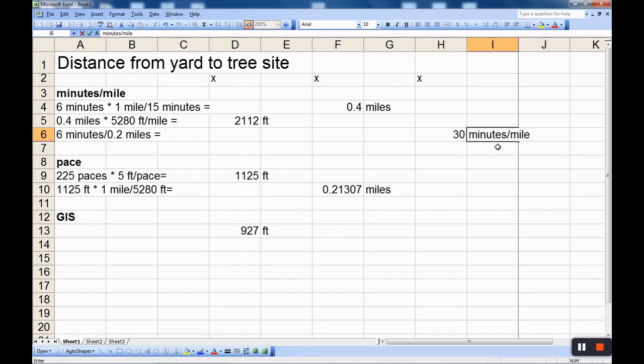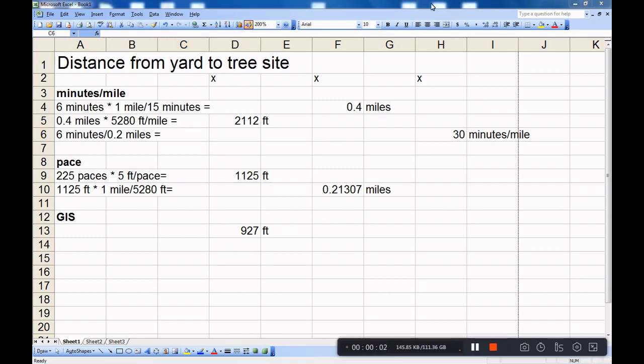For 1 mile, you can walk a mile in 30 minutes. It'll take you 30 minutes to walk a mile, which is double what I remember from Boy Scout days, which was 15 minutes for a mile on level smooth surface, and it was like a half an hour, 30 minutes per mile if you're walking through brush.